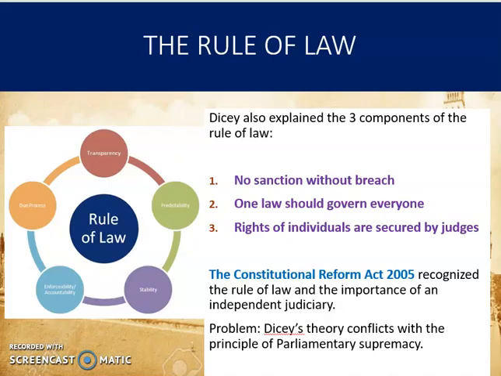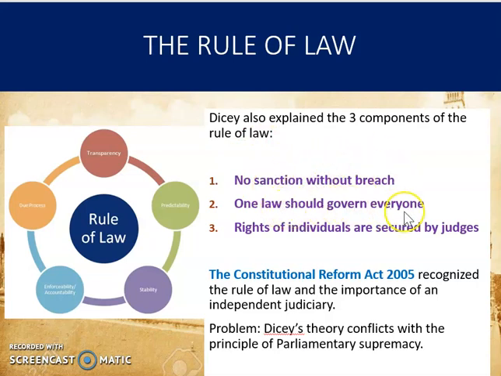The fundamental principle of the UK's Unwritten Constitution, as well as sovereignty of Parliament, is the rule of law. And the idea of the rule of law is that the law should apply equally to all rulers and ruled alike. And Dicey explained 3 components of the rule of law: that there should be no sanction or no punishment without breach.